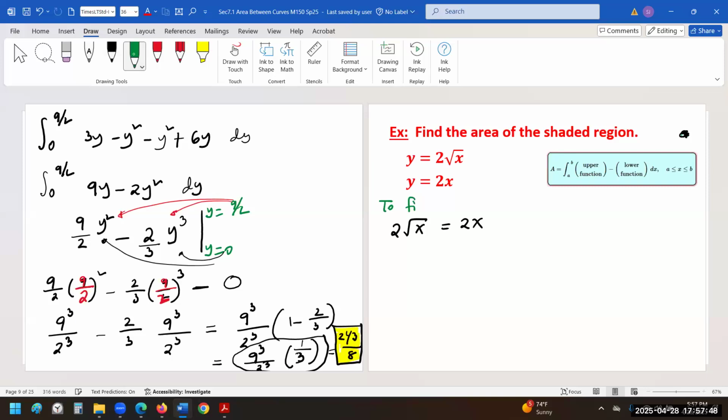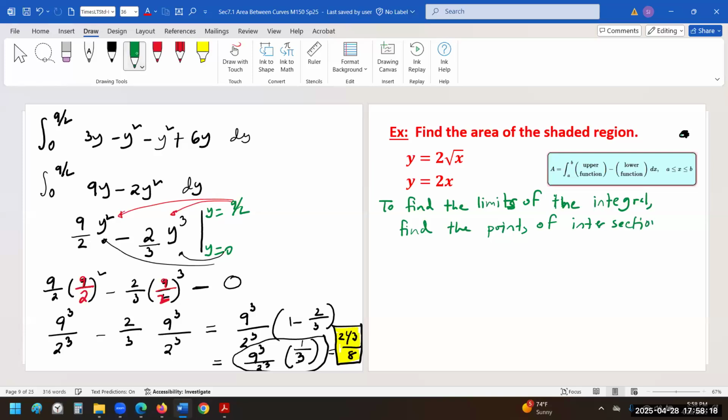So to find the limit of the integral, find the points of intersection.